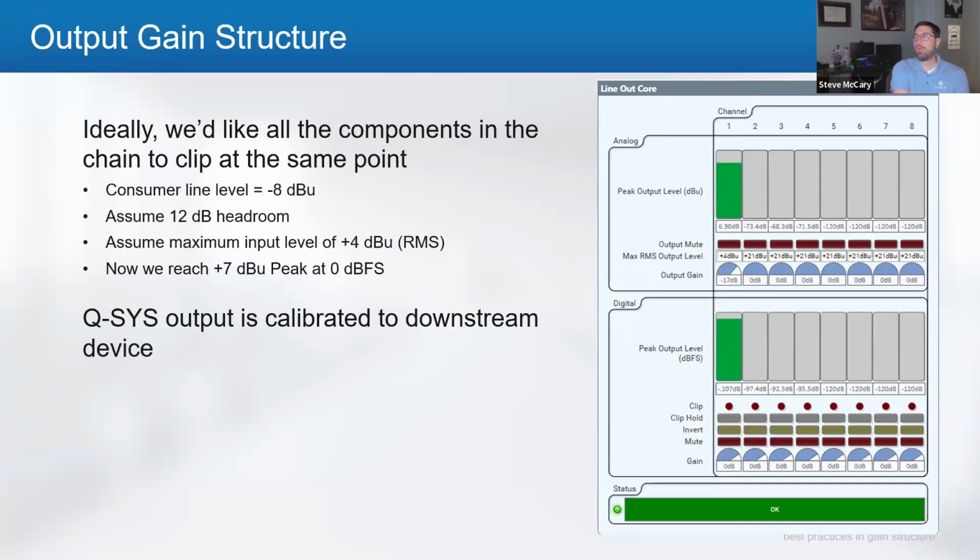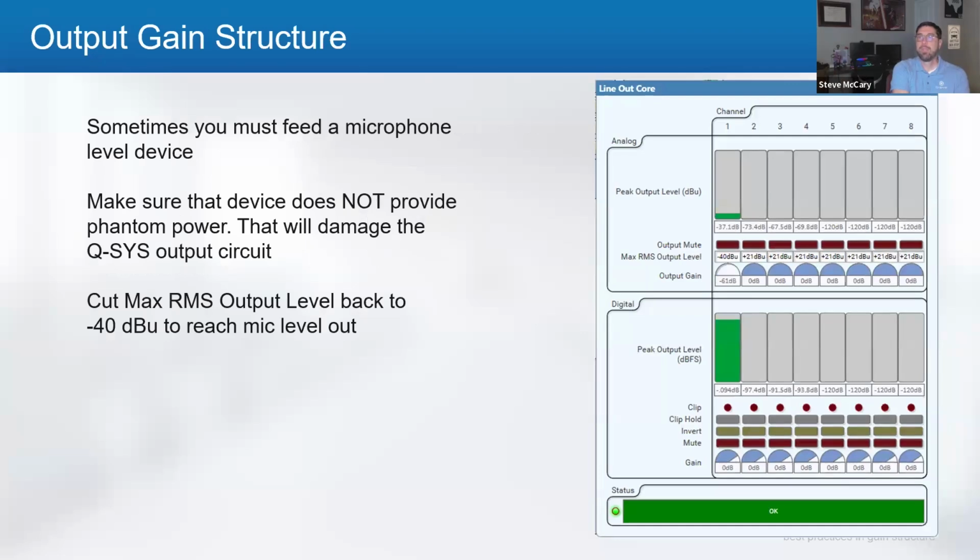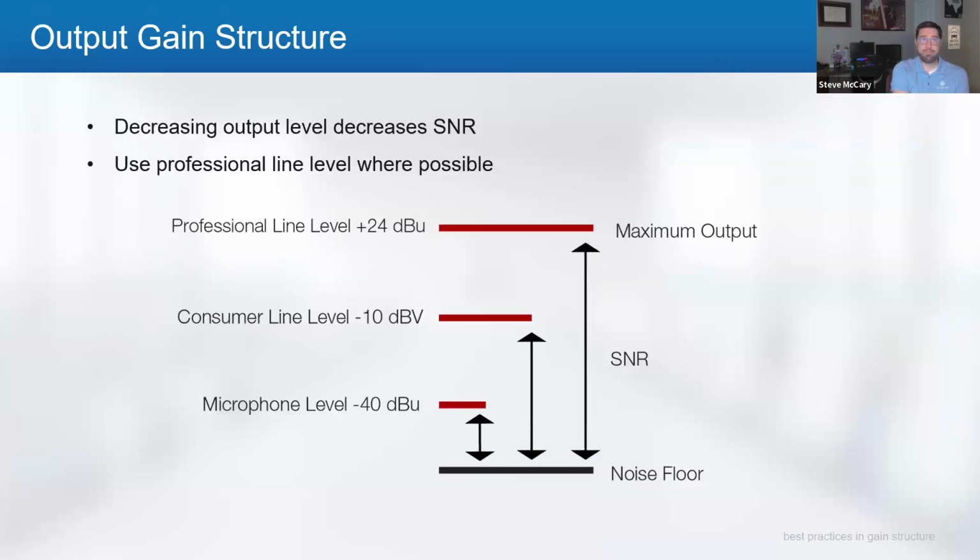And that's where we'll want to adjust our output gain on the analog side. Sometimes you must feed a microphone level device. That is super rare, but just make sure that you're not getting phantom power coming on it.